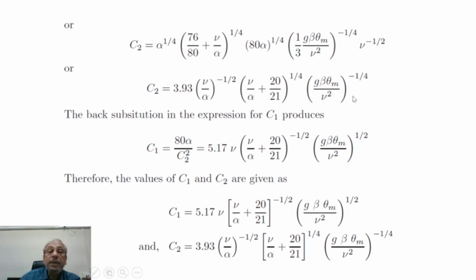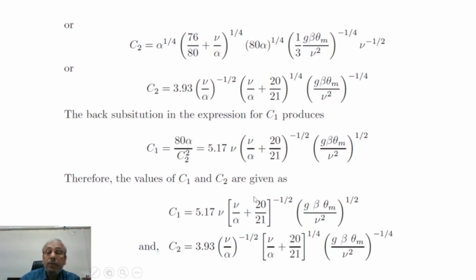So this becomes C2, and then C1 becomes 80 alpha by C2 square, which can be again reorganized, and we can write 5.17 into nu within bracket nu by alpha plus 20 by 21 bracket closed to the power minus half, G beta theta m nu square entire quantity to the power half.